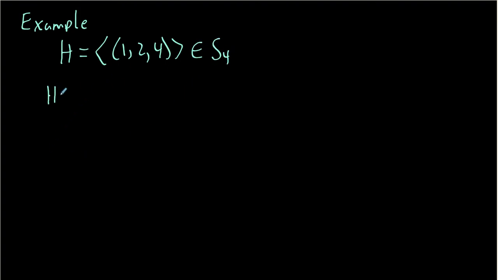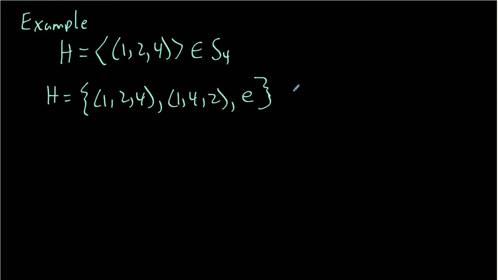H itself consists of the permutation that's generating the subgroup, the square of that, and then when you cube that particular permutation, you just get the do-nothing permutation, which we're writing as E. This is a cyclic subgroup. I actually have the wrong notation up there.